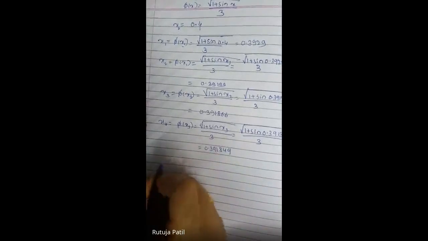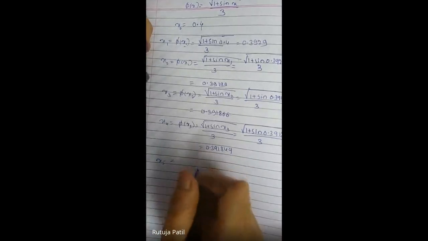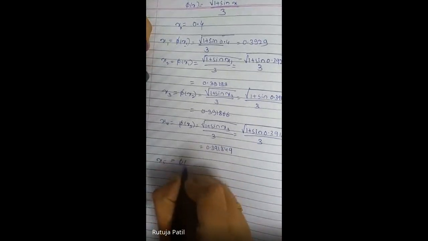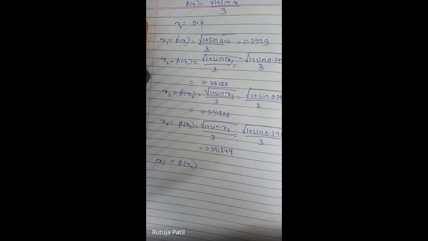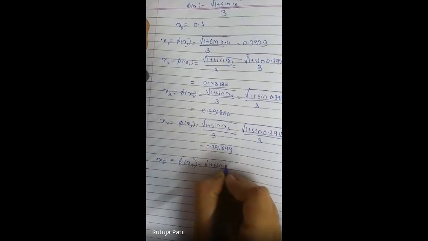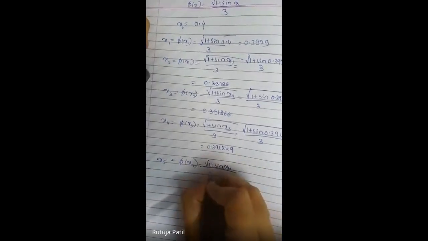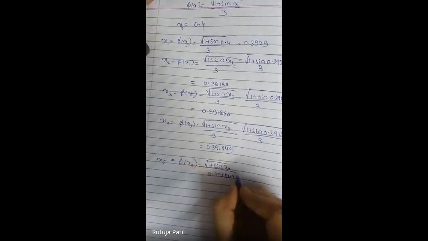So if I want another iteration, another value of x, that is x5, then that is psi of x4. That is square root of 1 plus sine x4 divided by 3, where x4 is 0.391849.